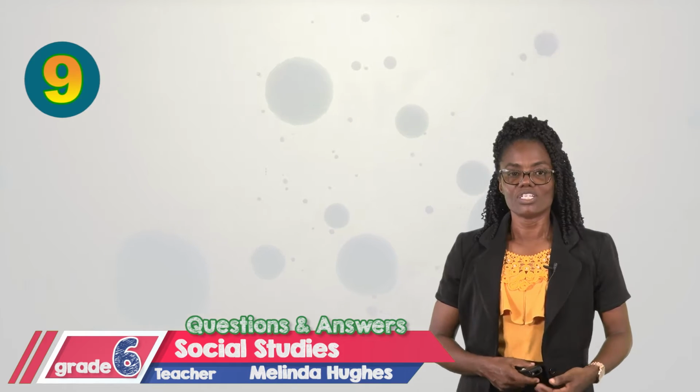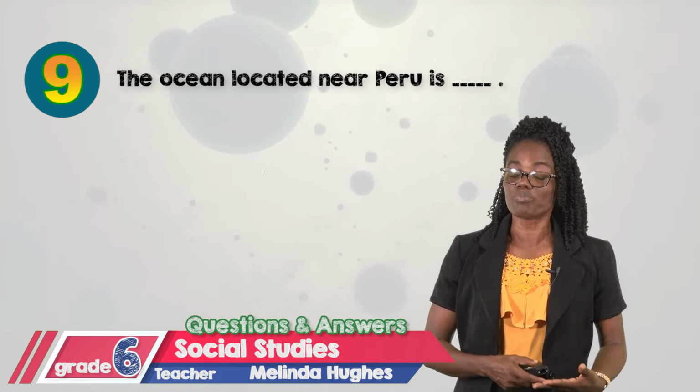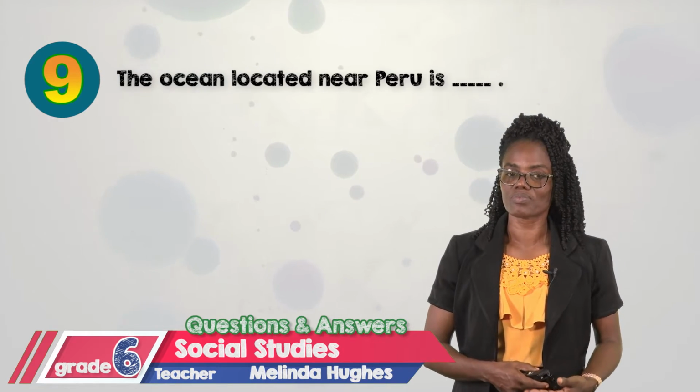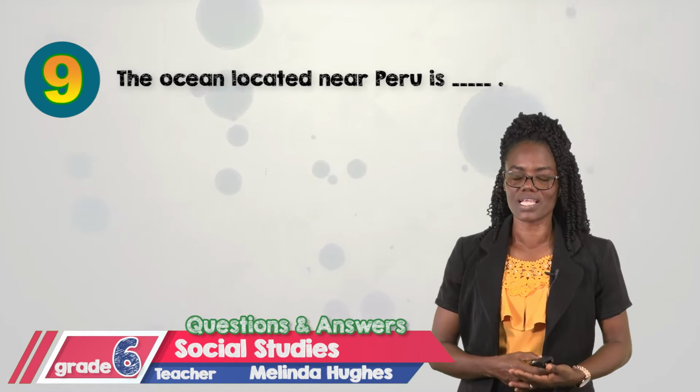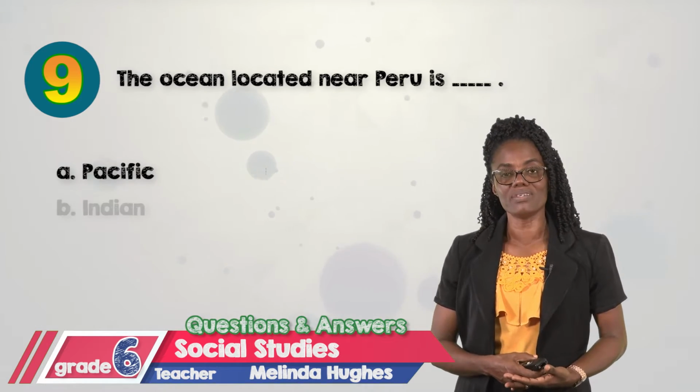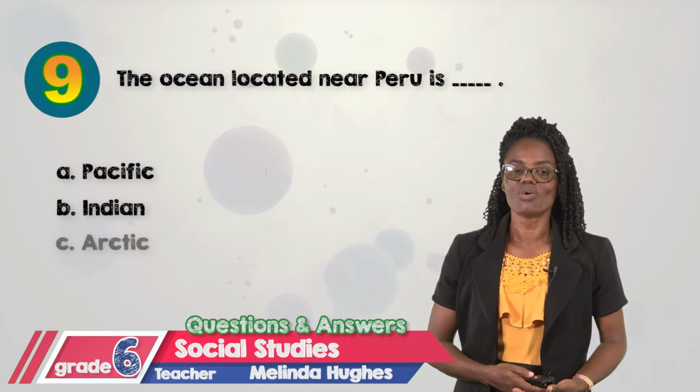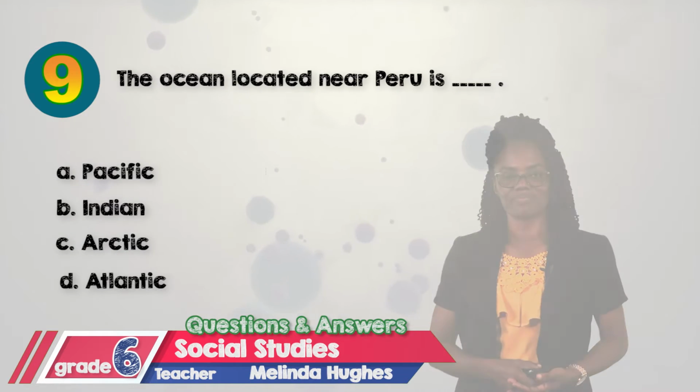Question 9. The ocean located near Peru is A, B, C, or D?